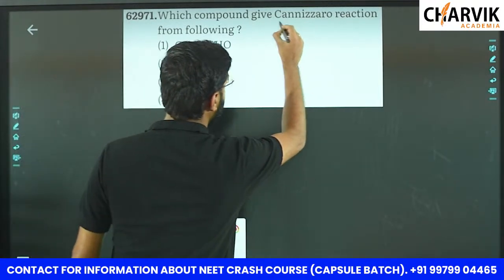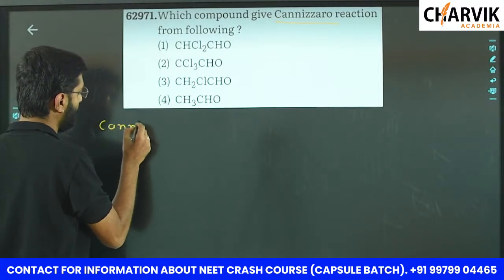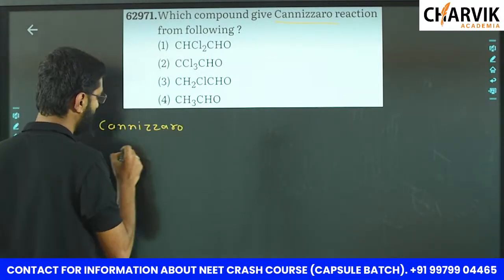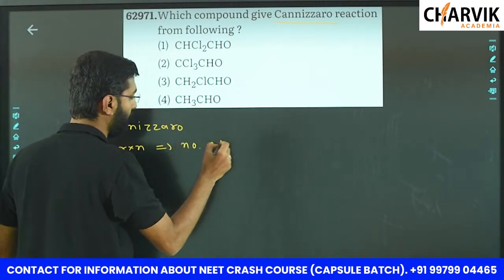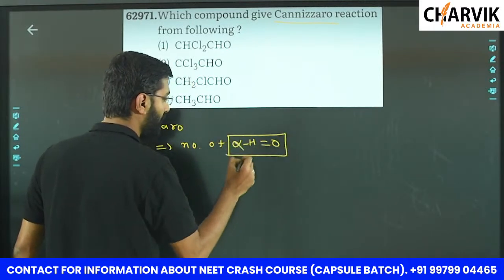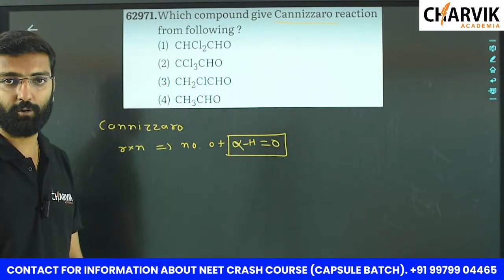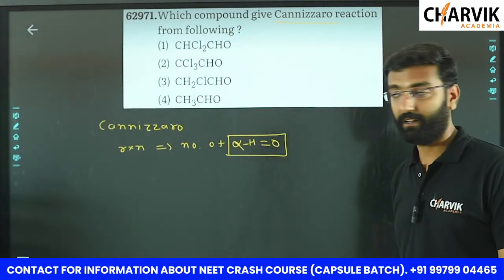For Cannizzaro reaction, the number of alpha hydrogen must be 0. If the number of alpha hydrogen is 0, then Cannizzaro reaction will take place.